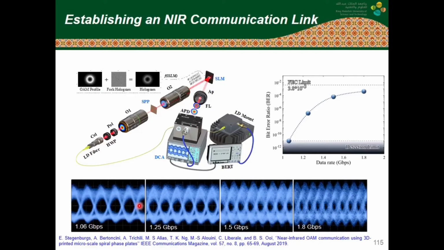At 1 gigabit per second data rate, the communication was error-free. When we increase the data rate, the BER also increases. But the main issue was the bandwidth of the photodetector used here, and this actually confirms that the printed plates are suitable for high throughput transmission.